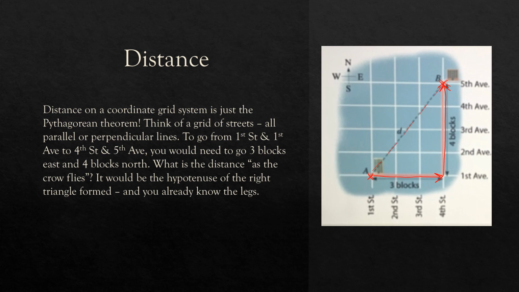Well, it would be the hypotenuse of this right triangle. We already know that the legs are 3 and 4, so what is the hypotenuse? If you remember some special triangles, 3, 4, 5 is one of those Pythagorean triples. So it's 5 blocks if you went as the crow flies.